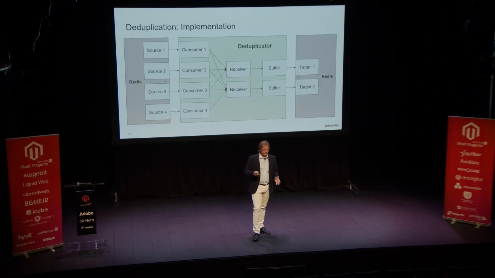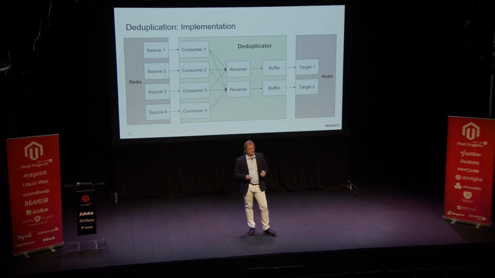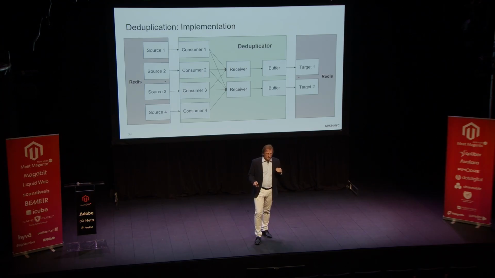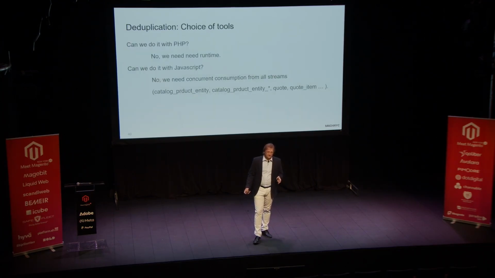So how it might look like. We're dealing with concurrent reading, and we're pushing into concurrent other streams that are gonna do deduplication. So we have constraints.